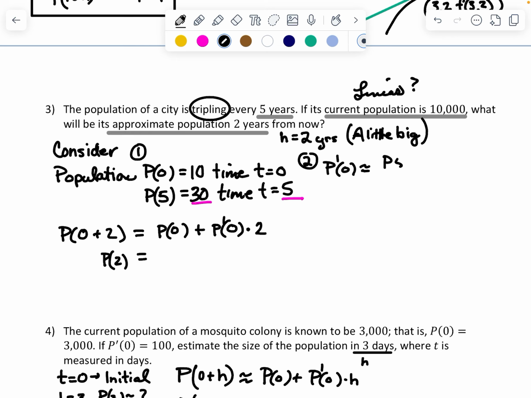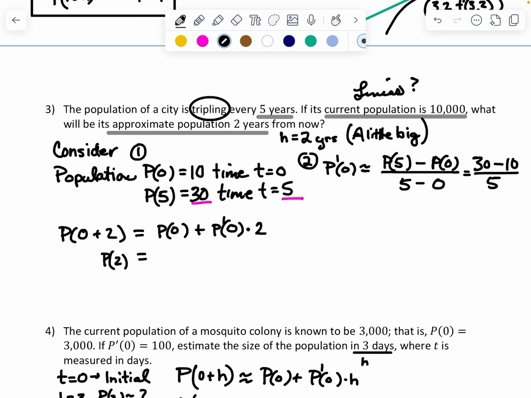p of 5, the average rate of change between 2 points, minus p of 0 over 5 minus 0. And so you're going to get 30 minus 10 over 5. So what do we get for a value there?